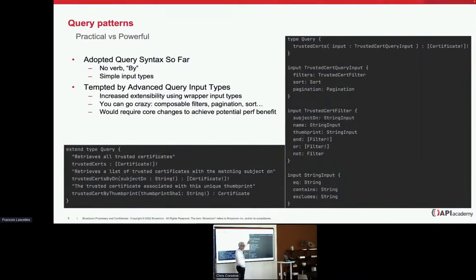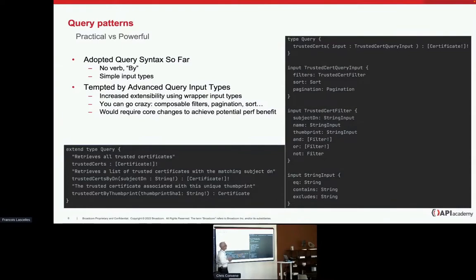But the reason we're considering doing that, and that's a really key thing about GraphQL, is to allow the API to evolve without breaking the previous clients that have been implemented on it. Creating a wrapper input type in a query like this allows you to evolve over time.